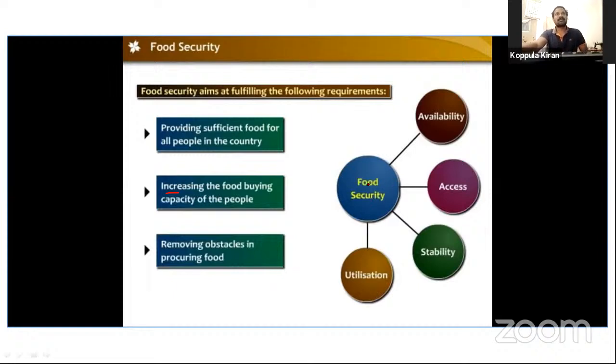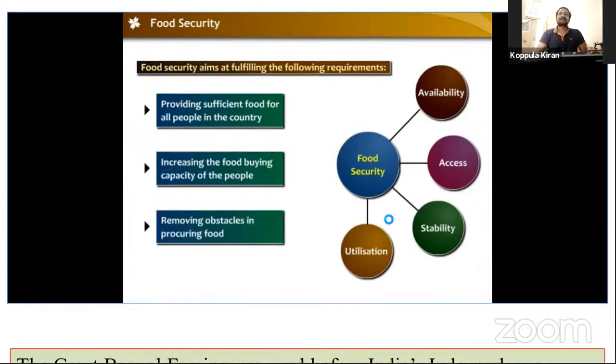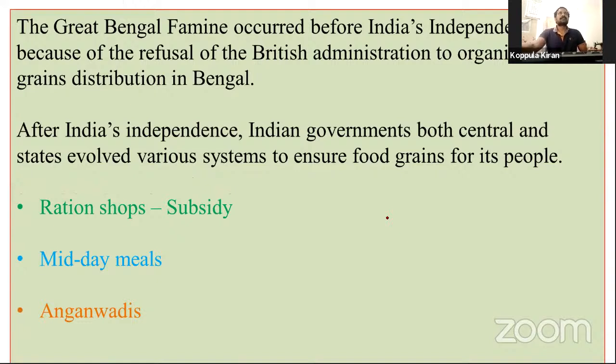See this another picture. Food security requires availability of food grains, accessibility, stability and utilization. These are the main requirements to provide food security. Next, the Great Bengal Famine occurred before India's independence because of the refusal of the British administration to organize food grains distribution in Bengal.